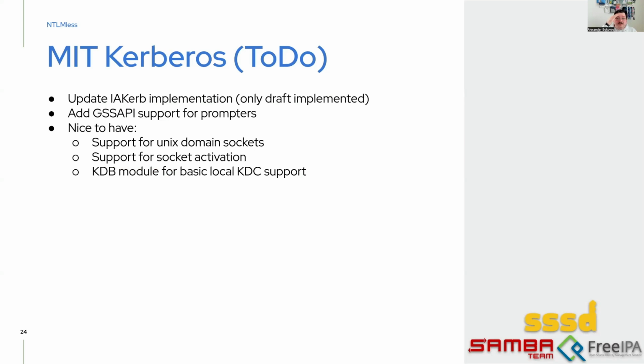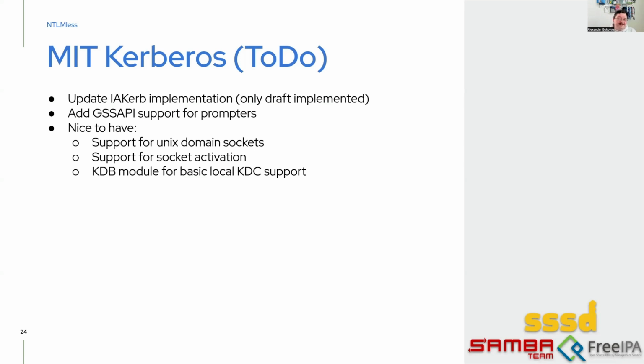So to get all of these things rounded up, we basically need to update the IAKerb implementation. I mean, it will probably work if we just consider MIT client and Samba built against MIT. We can easily get to the point that it's working.